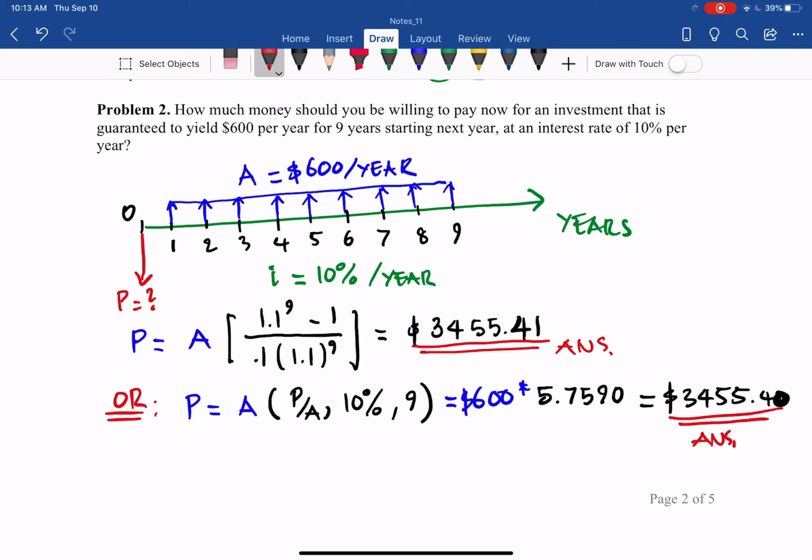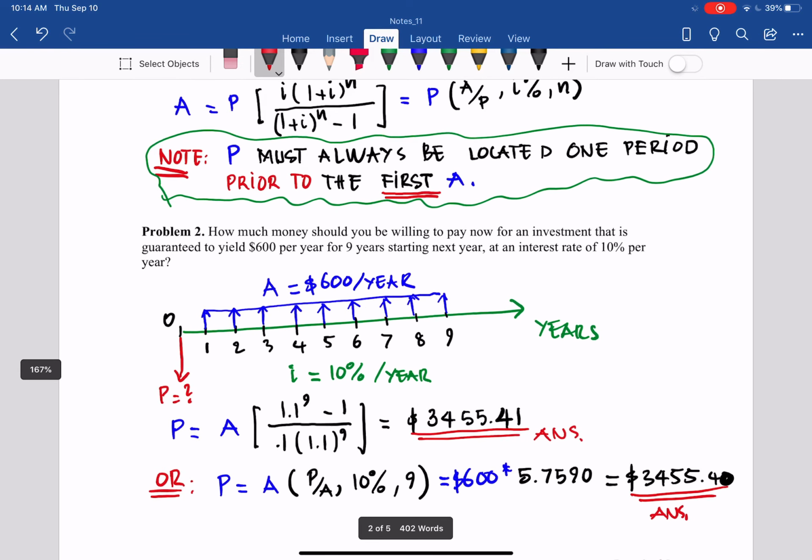It is very close because the table is more approximate. So we can use the table or use the equation directly.